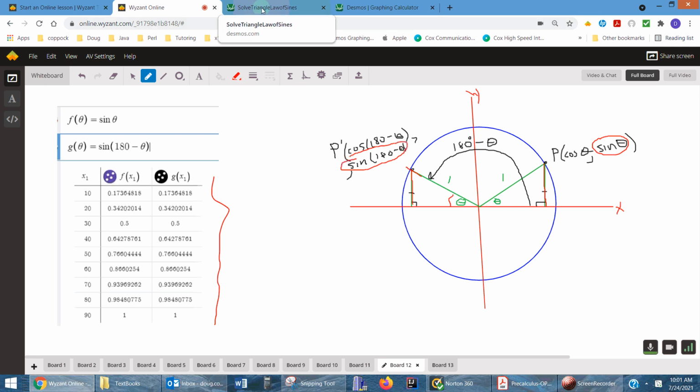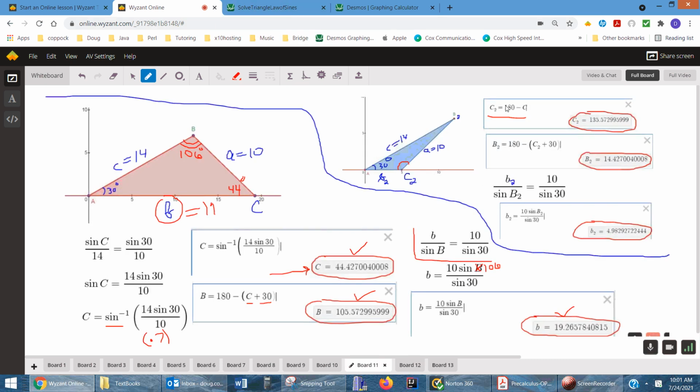Okay, so if we go back to board 11, how do we find this obtuse angle? We subtract the acute angle from 180, and that gives us the obtuse angle. Then we can find angle B sub 2 by adding together C2 and the 30, and subtracting from 180.